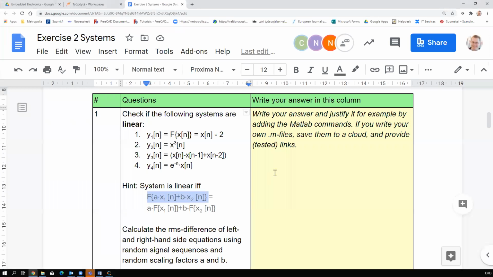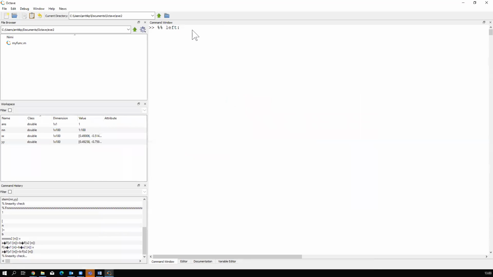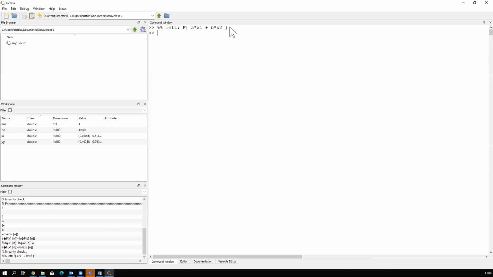Let's try that one again, but with some care. Function, whatever that is, a times x1 plus b times x2. There.